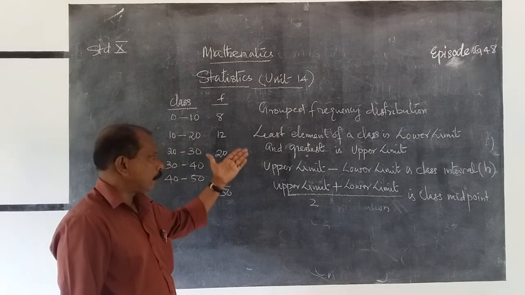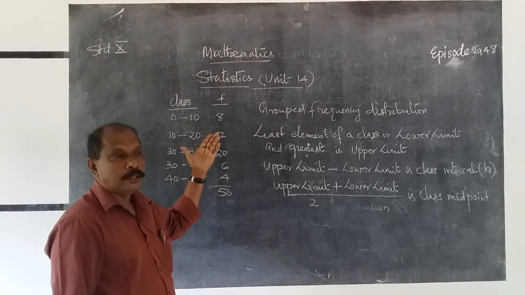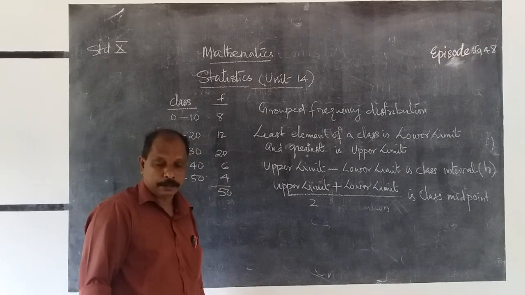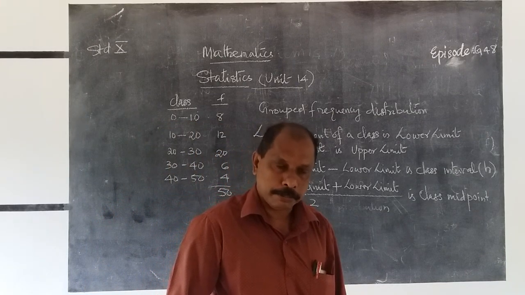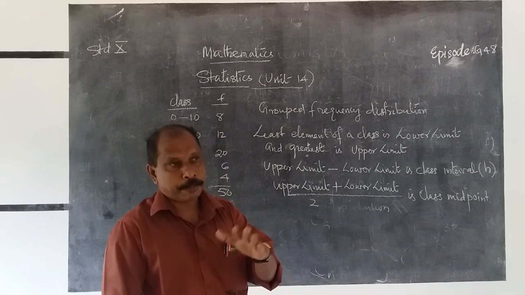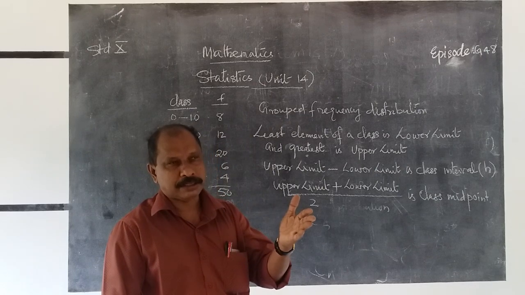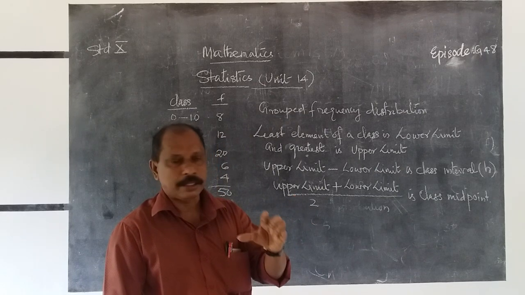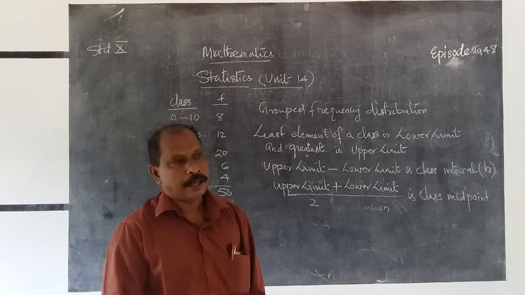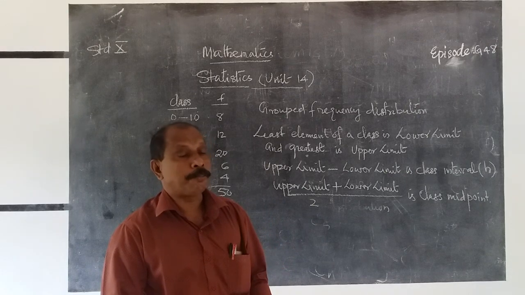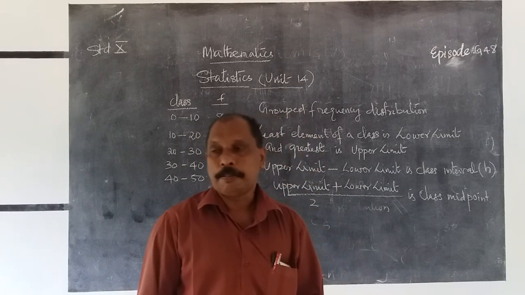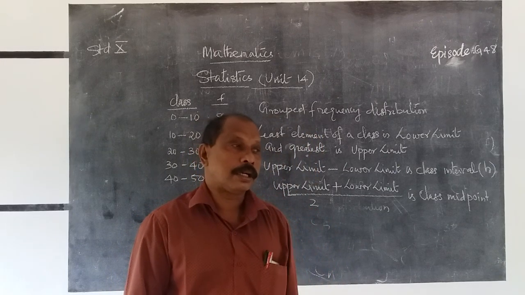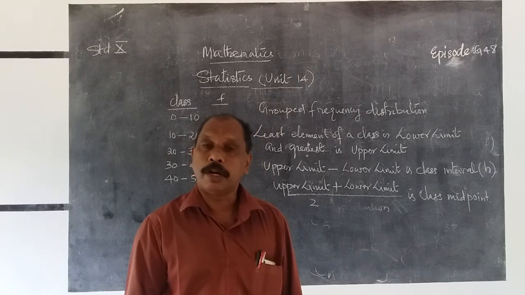Clear? The least value of a class is the lower limit and the highest value is the upper limit. Then upper limit minus lower limit is the class interval, marked H, and half of the sum of lower and upper limits, that means lower limit plus upper limit by 2, is the class midpoint or mid value.